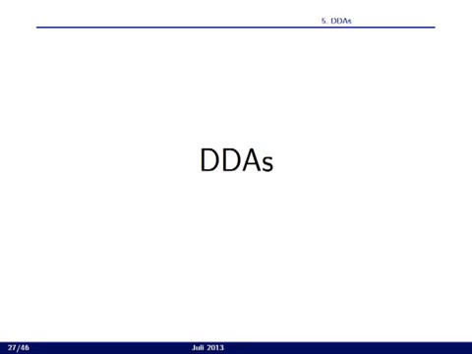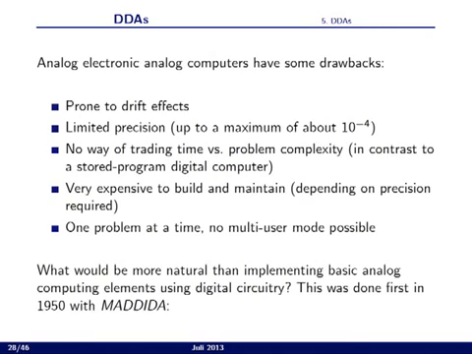We need to talk about DDAs, digital differential analyzers. The idea is exactly the same, just abandon the analog electronic part and implement all your computing elements by digital electronics. So you get rid of the drift effects, you get rid of the problem of the very limited precision. Some authors argued that the limited precision of an analog computer was in fact an asset and not a drawback.